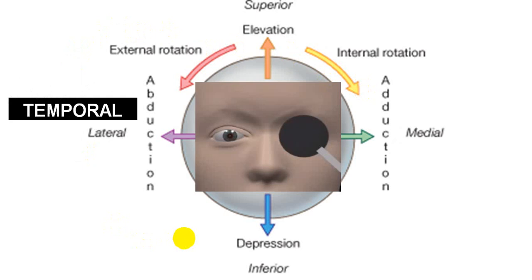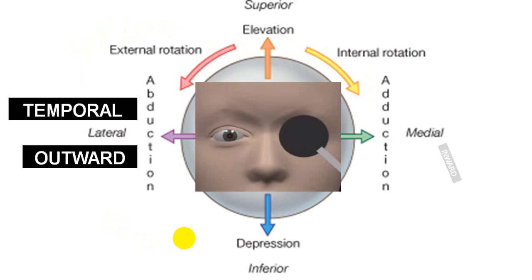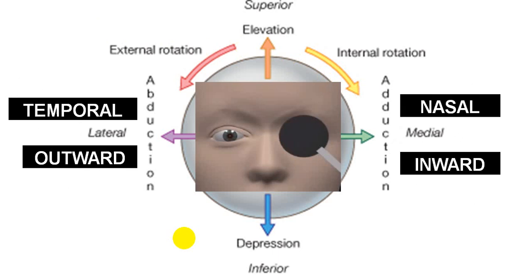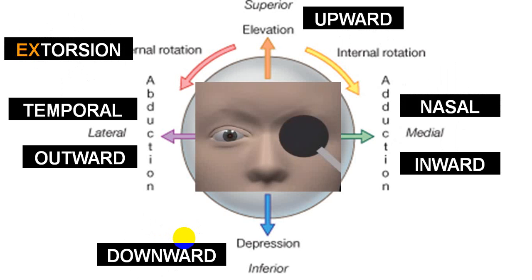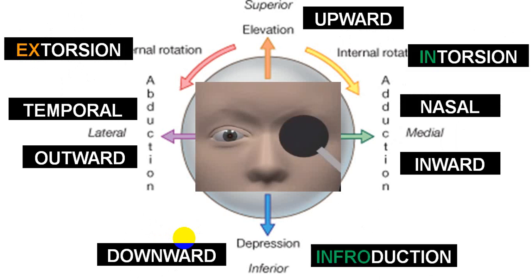Also, lateral movement is called temporal movement. It is also called outward movement. While medial is called inward or nasal. Superior is also called upward, while inferior is called downward movement. External rotation, extorsion. Internal rotation, intorsion. And when you move downwards, it is also called infraduction.